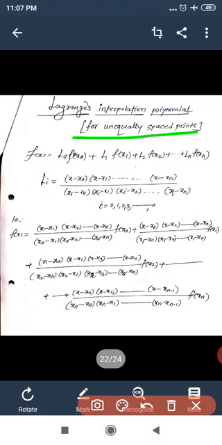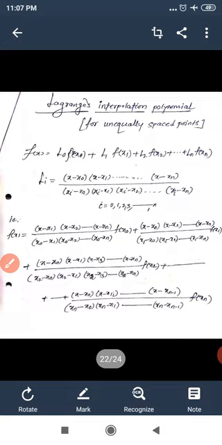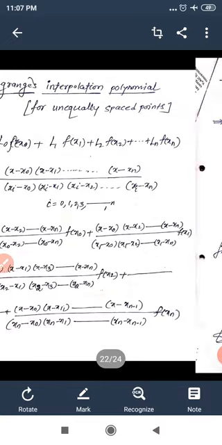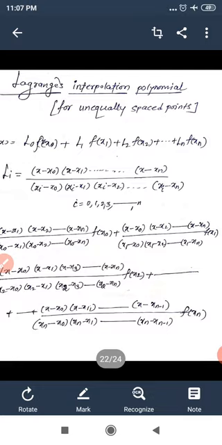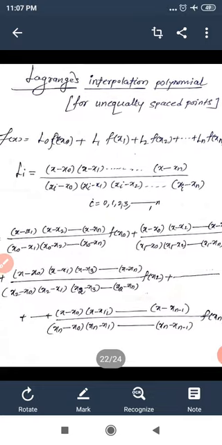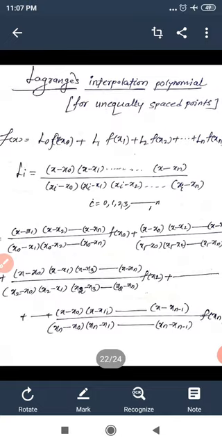So the formula is f of x is equal to L0 of f of x0 plus L1 of f of x1 plus L2 of f of x2 plus up to Ln of f of xn. What is this L? In general, Li is equal to x minus x0, x minus x1, up to x minus xn, whole divided by xi minus x0, xi minus x1, xi minus x2, up to xi minus xn.